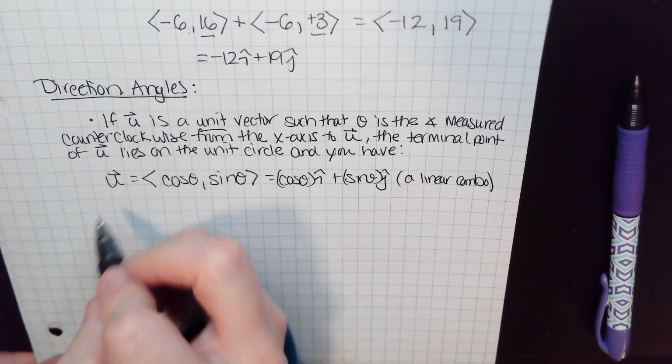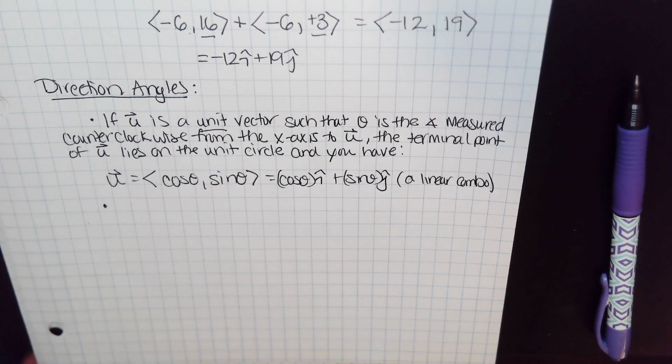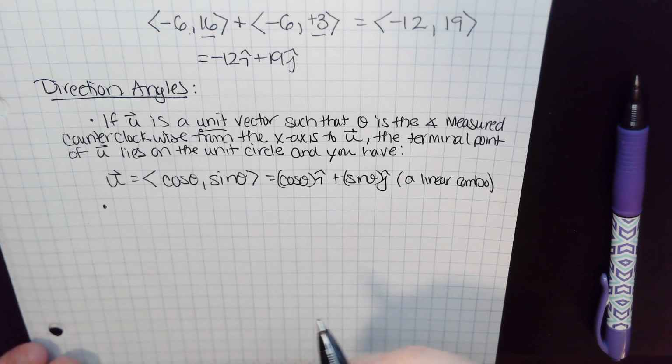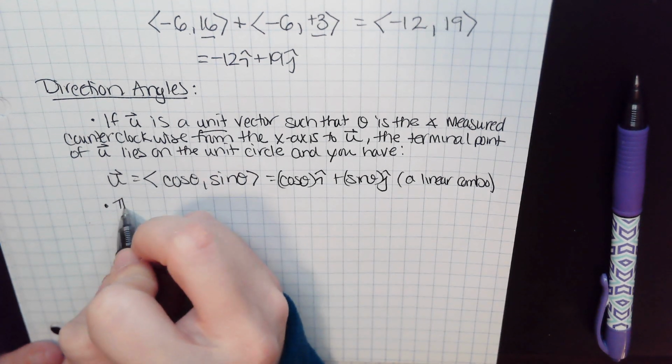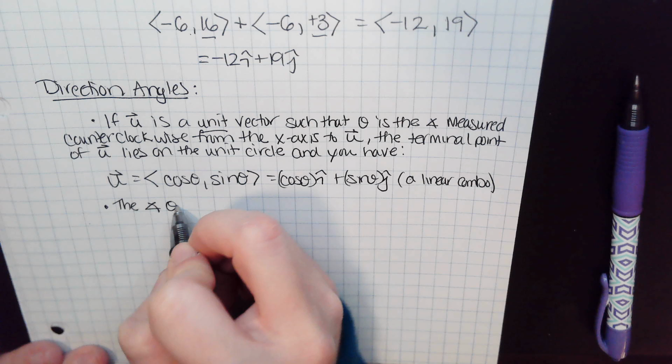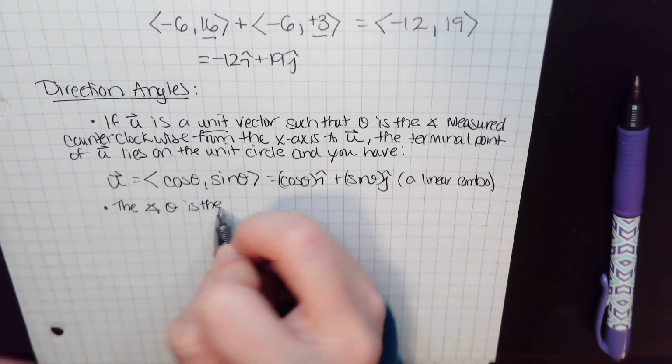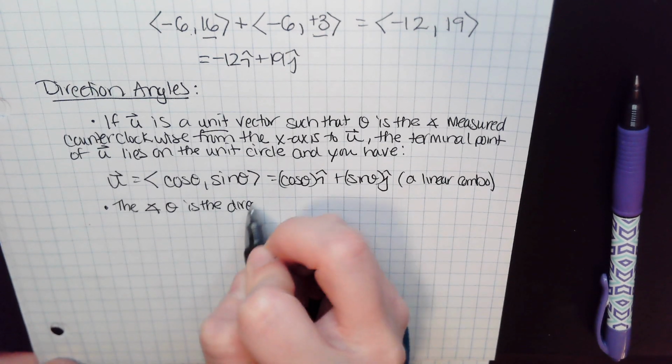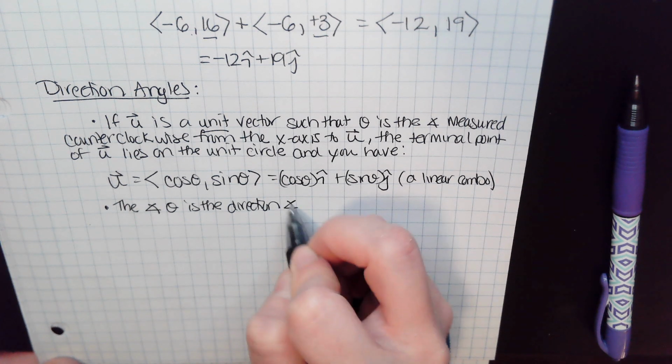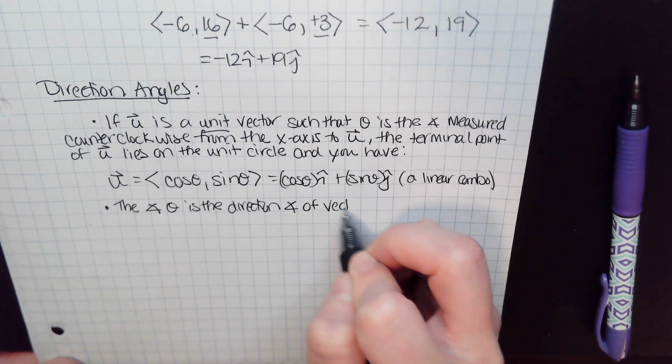All right, so that's your unit vector, if you have cosine theta, sine theta. So the angle theta is the direction angle of vector u.